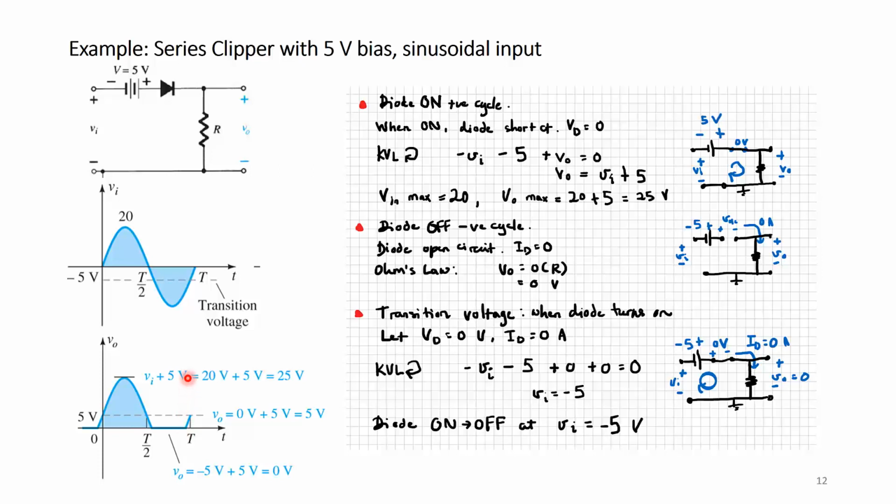Okay, that is the effect of having a 5 volt bias. One is that the maximum value is shifted up, and the time that it changes on and off is also shifting. Instead of 0 to T, it would be before 0 and after T/2.